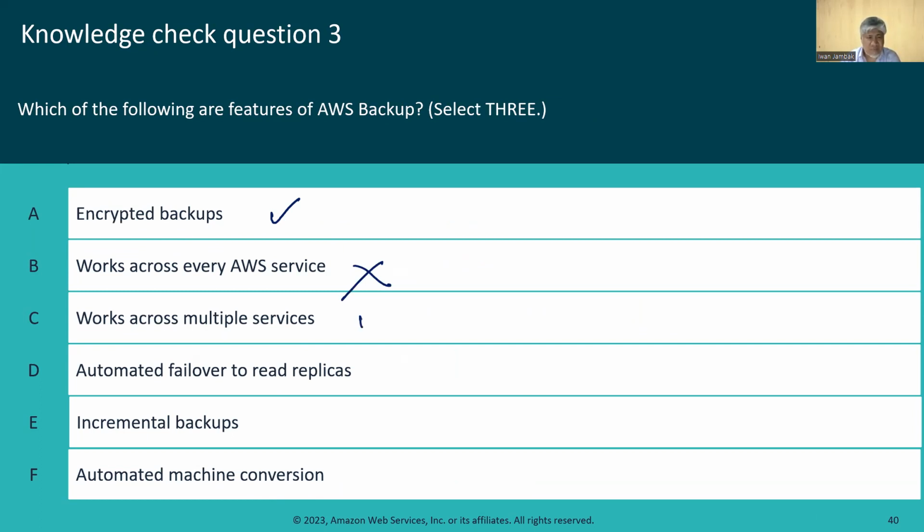Yes, there are several services that can be centralized. Automated failover to read replicas is not about the replicas. You can do incremental backup. Yes, that's correct. Automated machine conversion? No, this is not about the conversion.